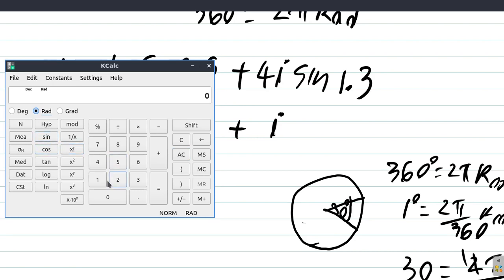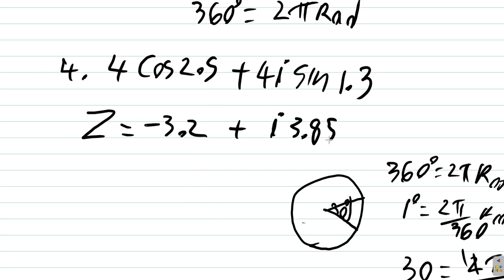Sine 1.3, and then multiplied by 4 equal 3.85. So it is 3.85, or 3.85 I. I prefer to say 3.85 I.